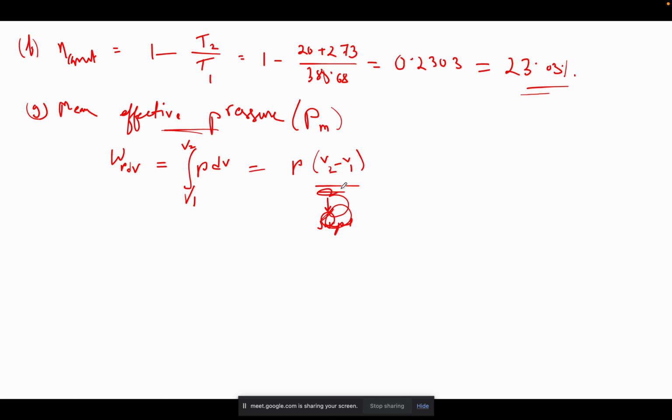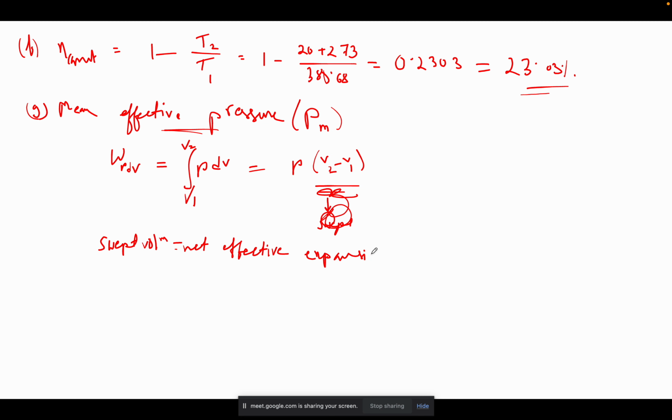So for any process going from 1 to 2 at constant pressure, the work done is P, that constant pressure, times final volume minus initial volume. There is a swept volume, which is basically your net effective expansion volume.